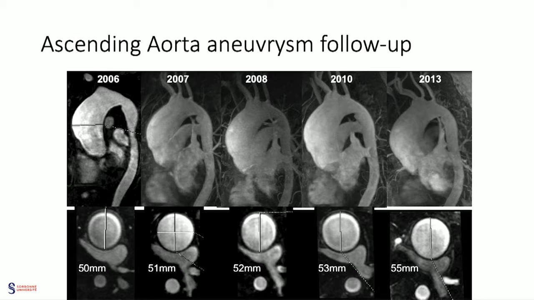Now, this is an everyday example of what's happening. So I took all of these MRAs from this patient who was followed from 2006 to 2013, and I got all of the reports. And every report was stable, as you know, last year. Stable, stable, stable. So now in 2013, we are at 58 millimeters. Or 55 millimeters, and this is slowly growing.